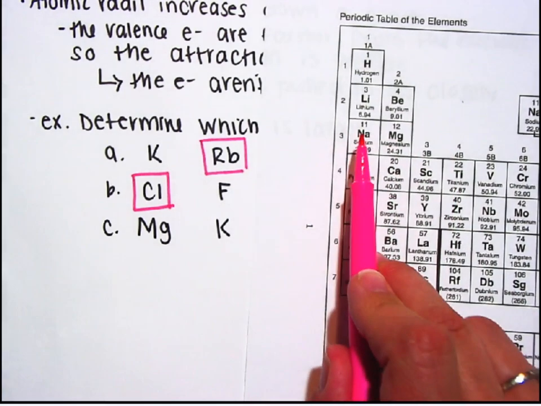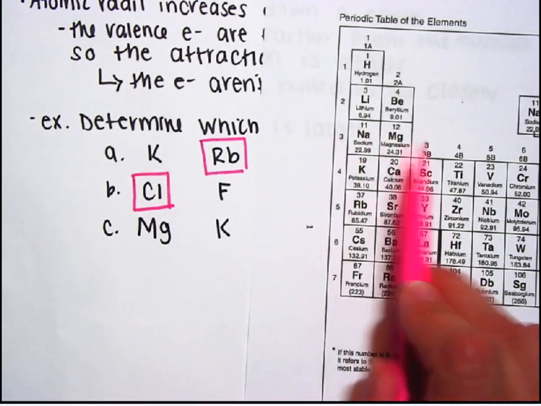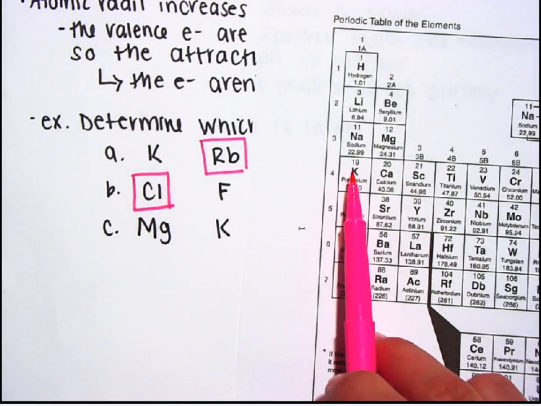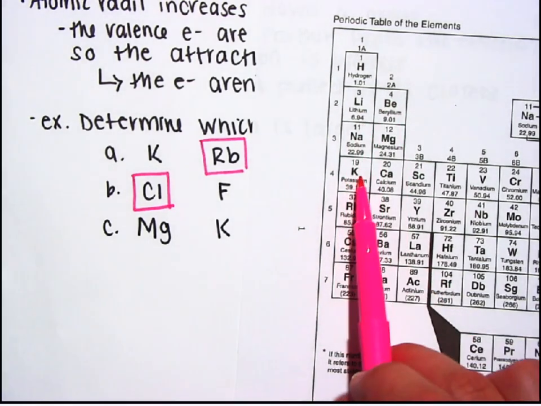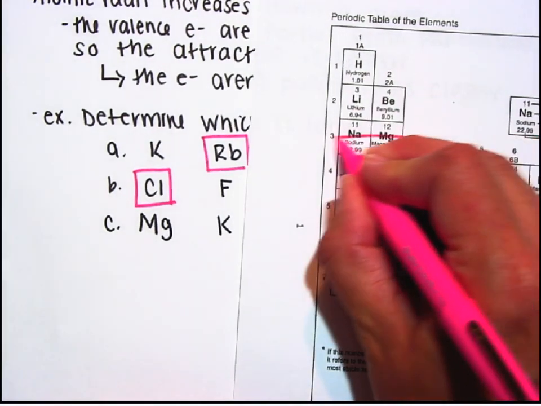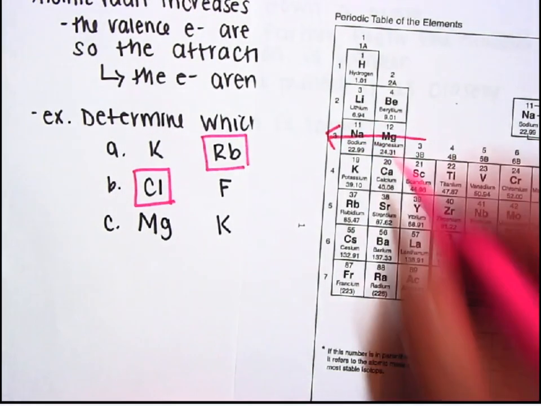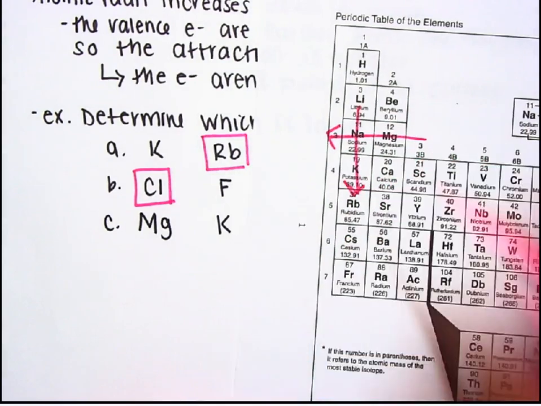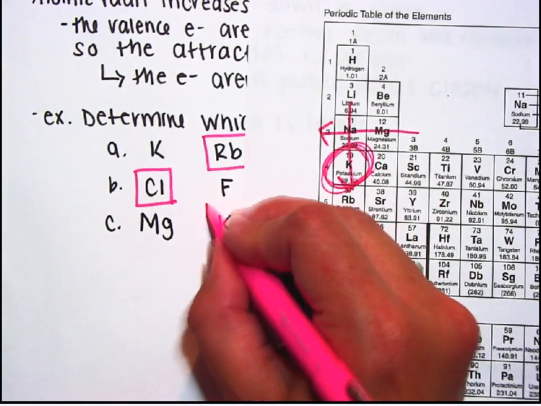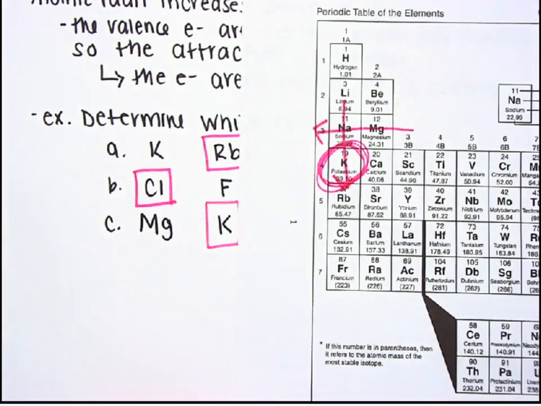We said elements are larger on the left. So potassium is to the left of magnesium, and it is also further down. So atomic radius increases to the left, and it also increases as we go down. According to both trends, potassium should be larger.